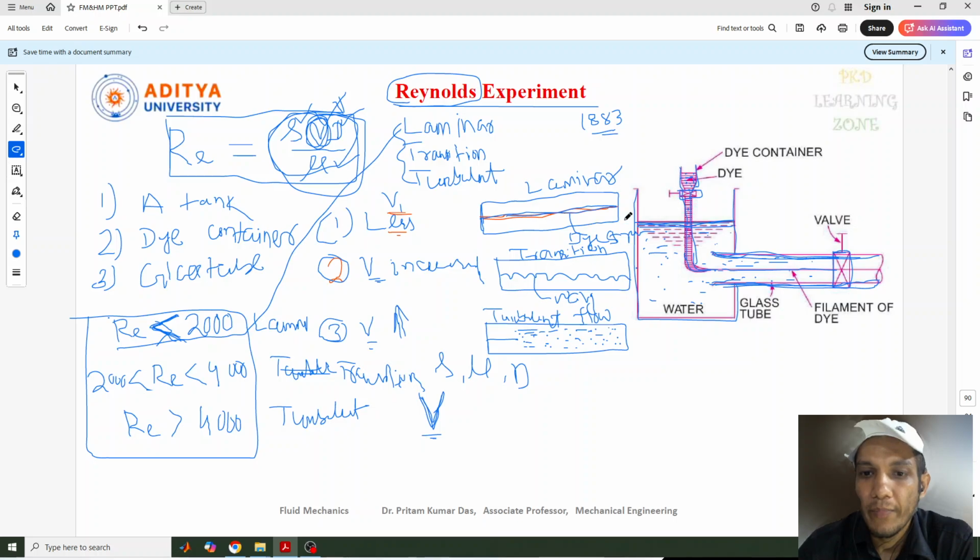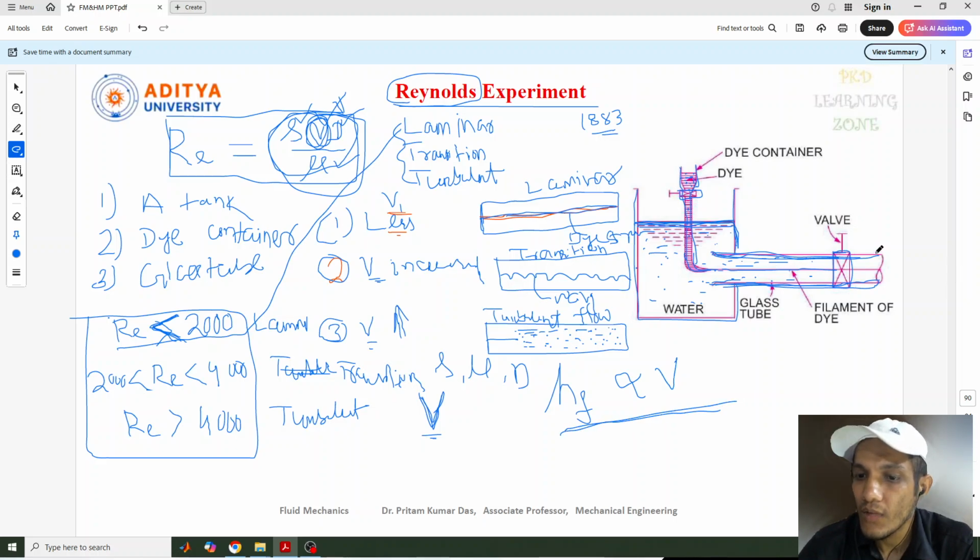Now, as I told you, the head of this water should be constant. In the case of laminar flow, the loss of pressure head, the head loss, is directly proportional to V, the velocity.